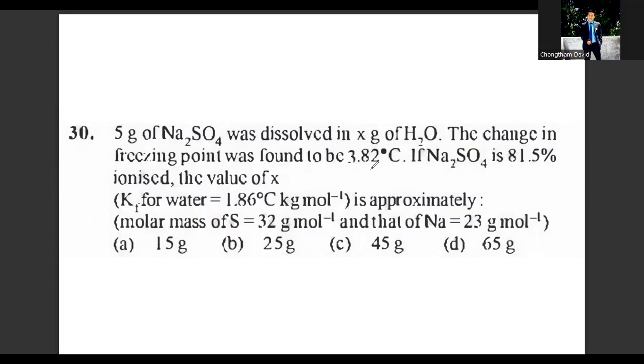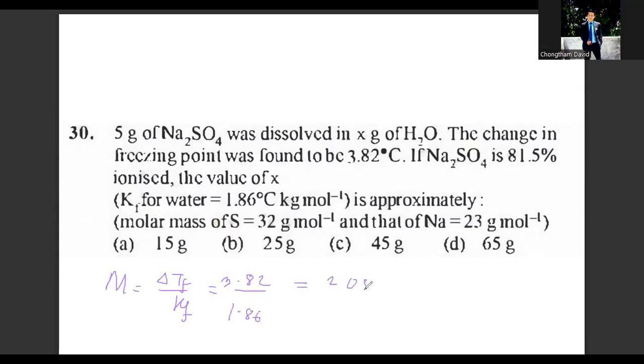So how to answer this question? It is an experimental type of question. From the formula you can easily decode delta Tf by Kf equals 3.82. You're given the value of this lowering in the freezing point, and 1.86 is your cryoscopic constant.